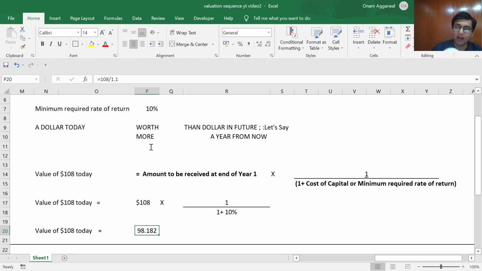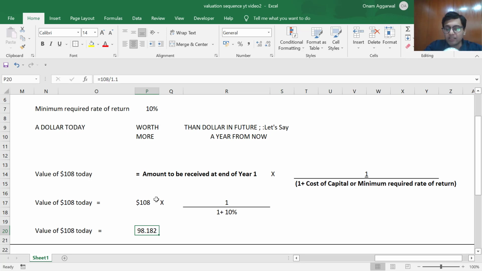That the value of $108 today, or the present value of $108, is $98 for Mr. Musk. It basically means that Mr. Musk is giving today $100 against the value of $98. So this is not a good investment for Mr. Musk.